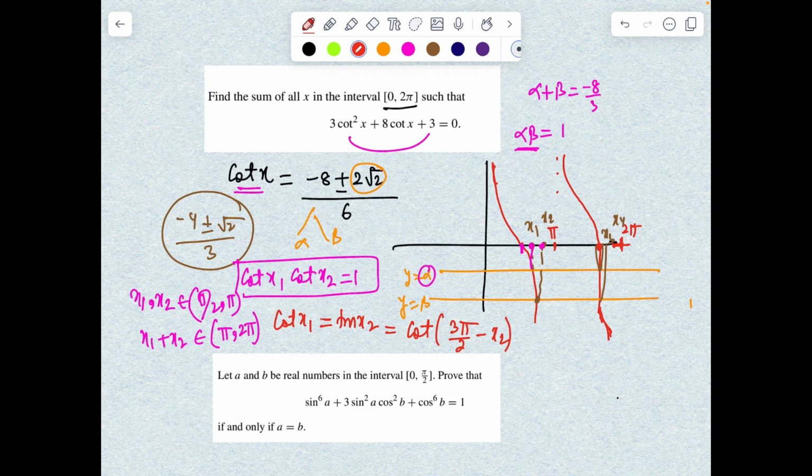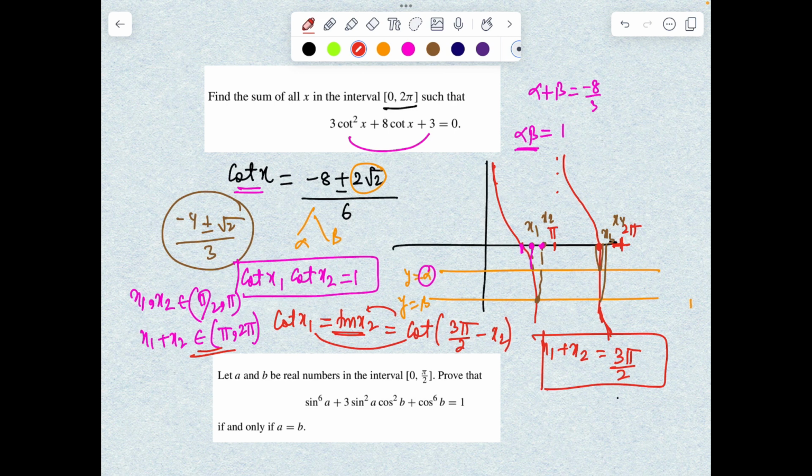So from here, if I see what is cot of (3π/2 minus θ), this will be in the third quadrant, certainly positive, so that is actually tan x2, and by comparing we get x1 plus x2 equals 3π/2. Of course, instead of 3π/2, you could have selected some other angle, but that will not make it within this window of π and 2π. So the only possibility for x1 plus x2 is 3π/2.